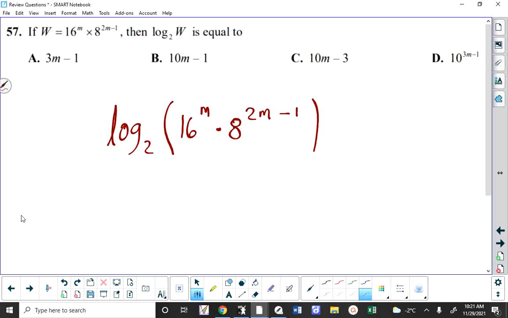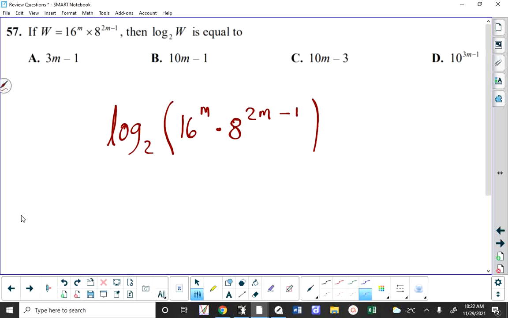What is this saying? It's saying, what exponent do you raise 2 to, to get 16 to the m times 8 to the 2m minus 1?